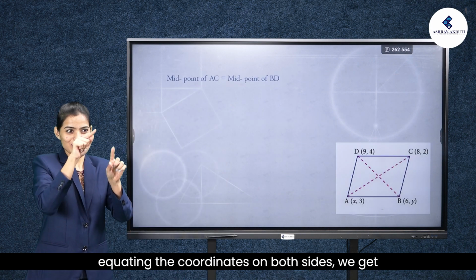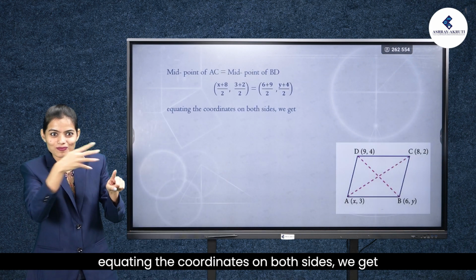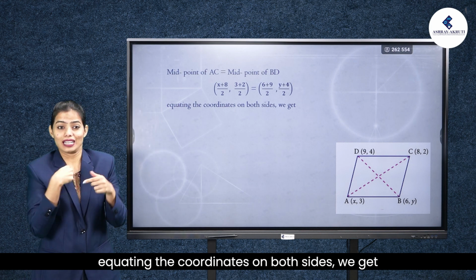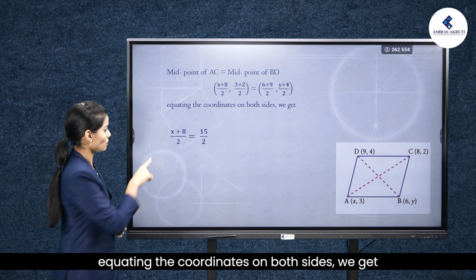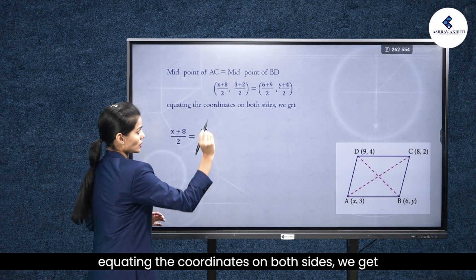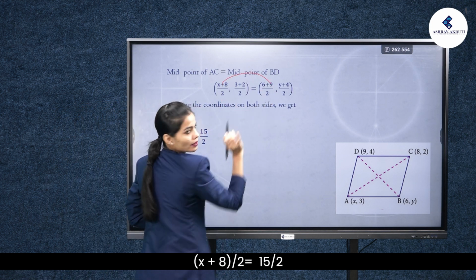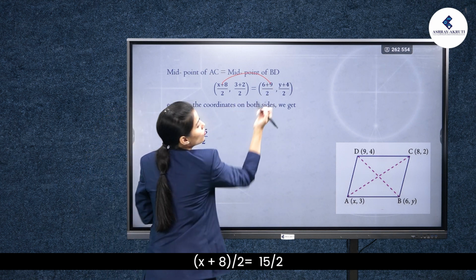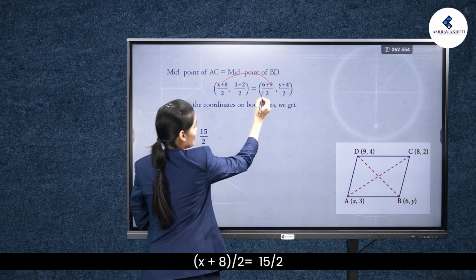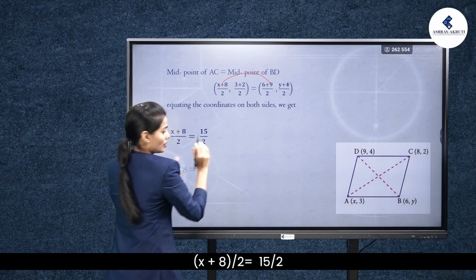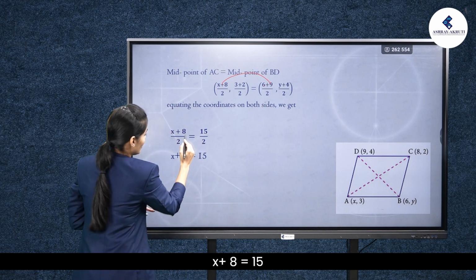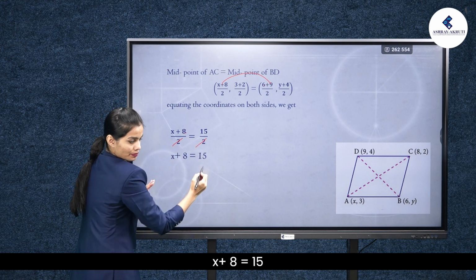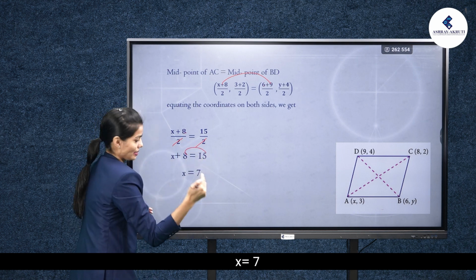Equating the coordinates on both sides, we get (x plus 8) by 2 is equal to 15 by 2. x plus 8 is equal to 15. x is equal to 7.